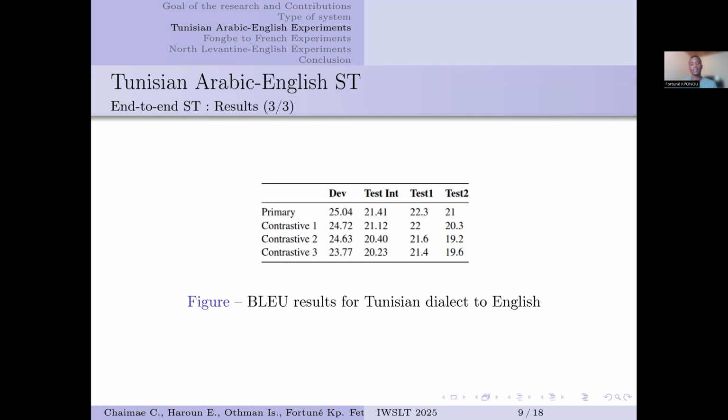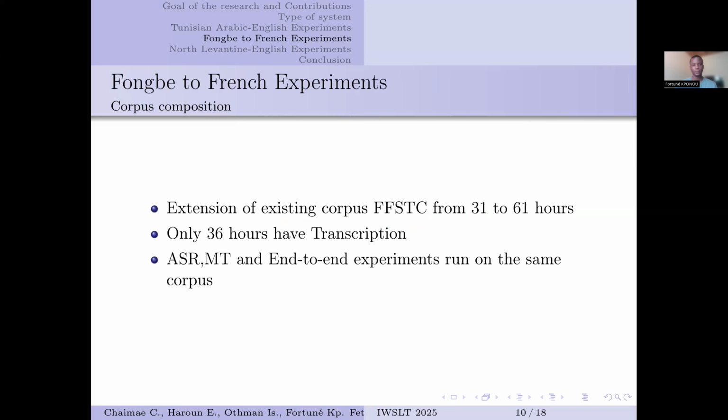The results are in this table, where we can see that our primary system achieved the BLEU score of 21 on the test set, and the contrastive 3 system, which is the cascade system composed of wav2vec BERT and the NLLB fine-tune, achieved the BLEU score of 19.6.